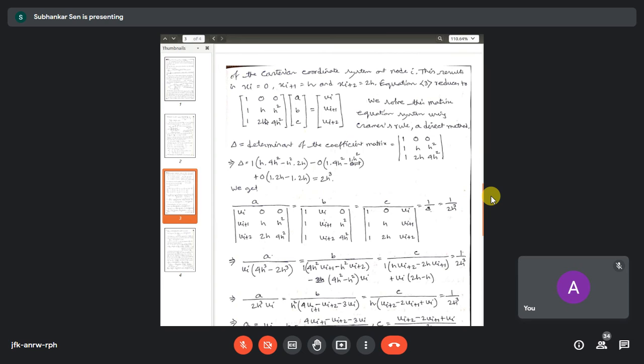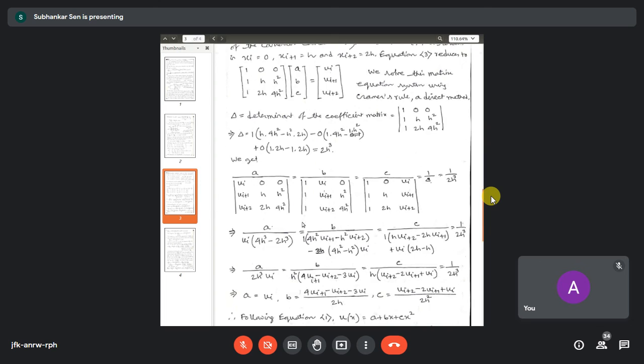This column we shall substitute by the right hand side, and finally we substitute the last column with the right hand side. So now this is the standard expression: A by this determinant equals B by the other determinant equals C by another determinant equals 1 by delta. Delta is already found to be 2H2. So this is 1 by 2H2.